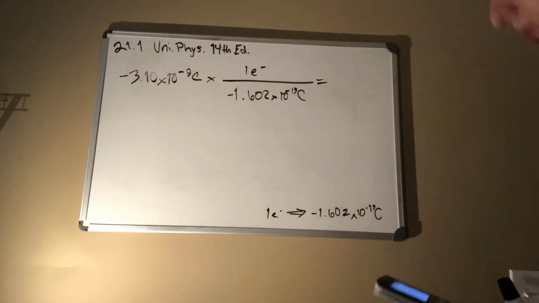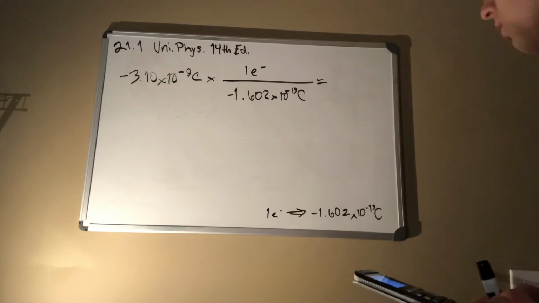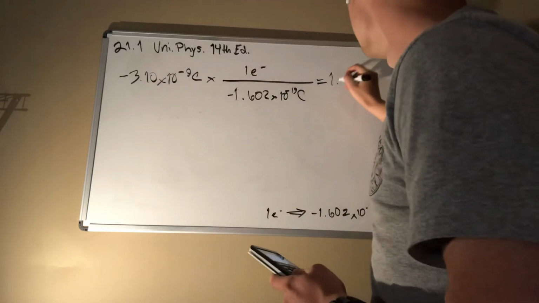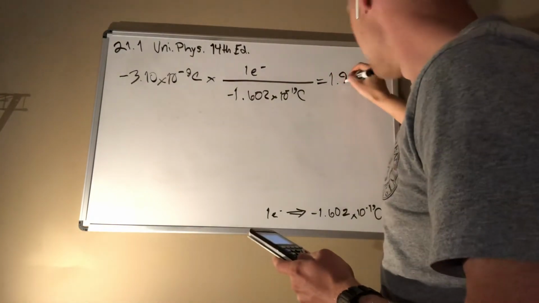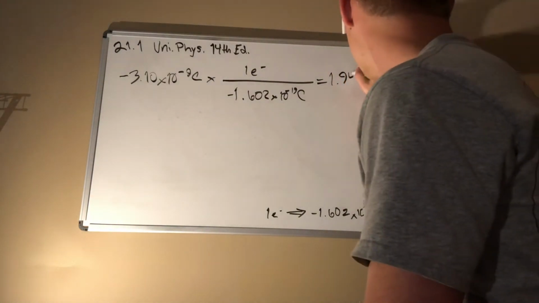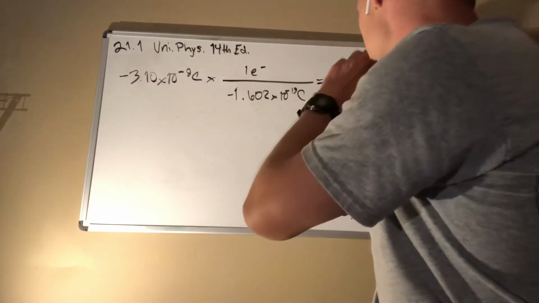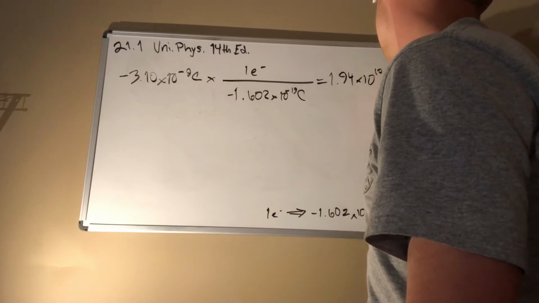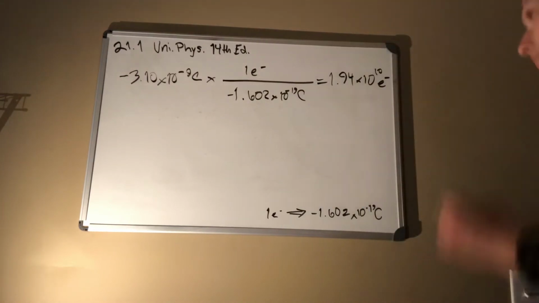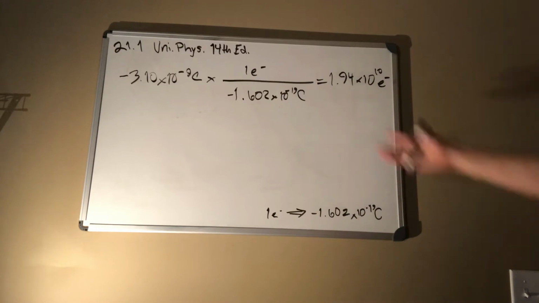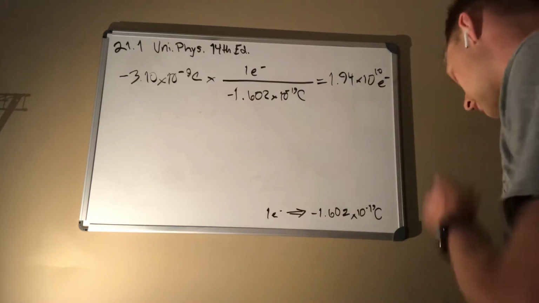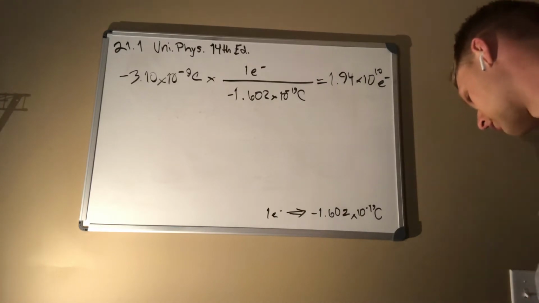Just take negative 3.10 times 10 to the negative 9 divided by negative 1.602 times 10 to the negative 19, and we get 1.94 times 10 to the 10 electrons. And this is just a raw number, it's not like moles or anything like that. Nothing fancy, but we'll have to get into that in a second here.